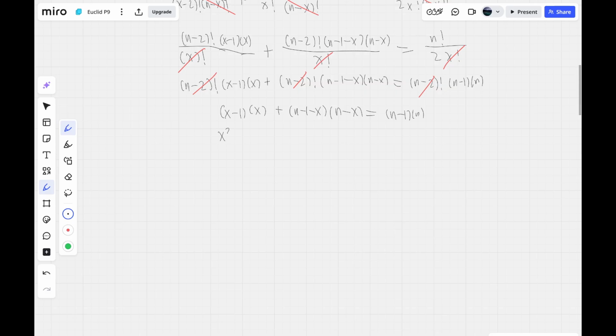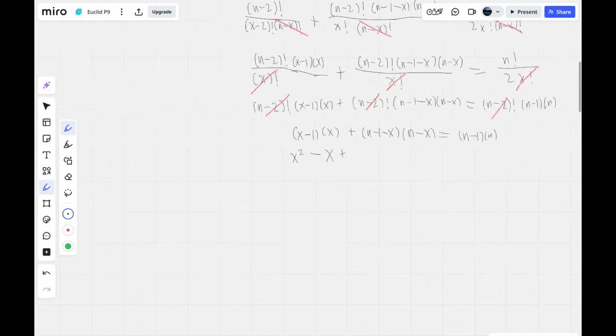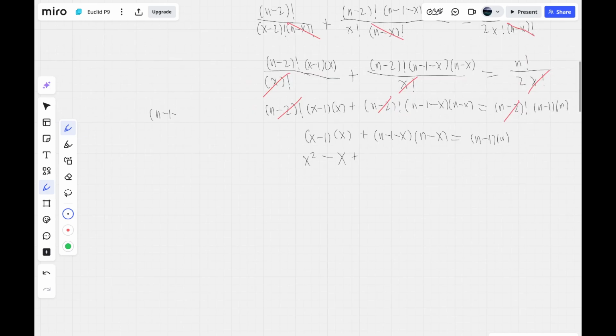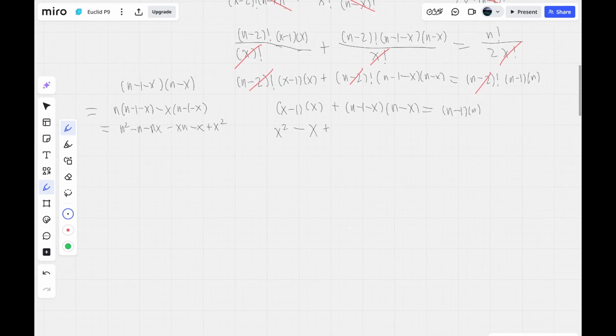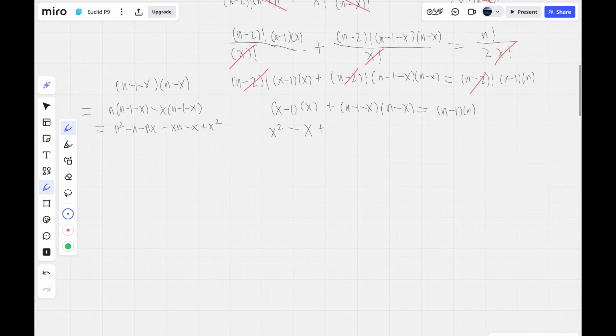So we have x squared minus x plus, and we can find the value of (n minus 1 minus x) times (n minus x). That's equal to n squared minus nx minus xn minus x plus x squared. So if we add that, we can move that there.